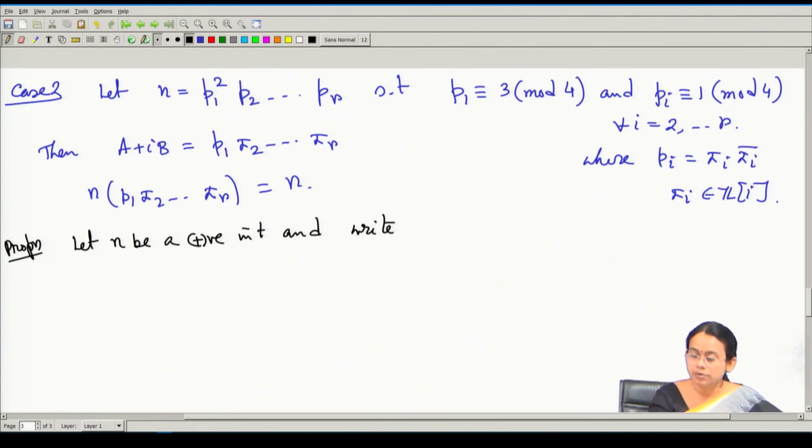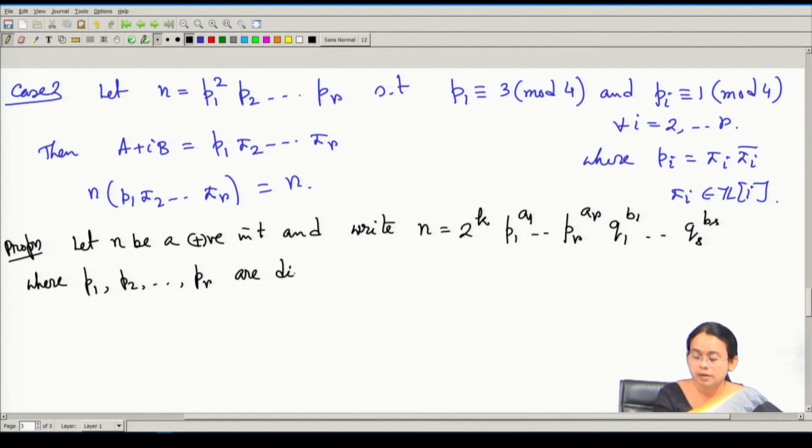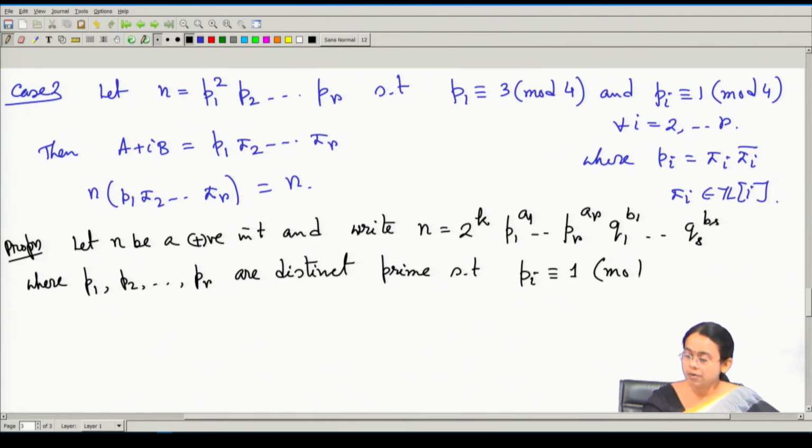So, write down n as 2 to the power k into p1 to the power a1 up to pr to the power ar into q1 to the power b1 up to qs to the power bs, where these p1, p2, up to pr are distinct primes such that each of these pi's is congruent to 1 mod 4.